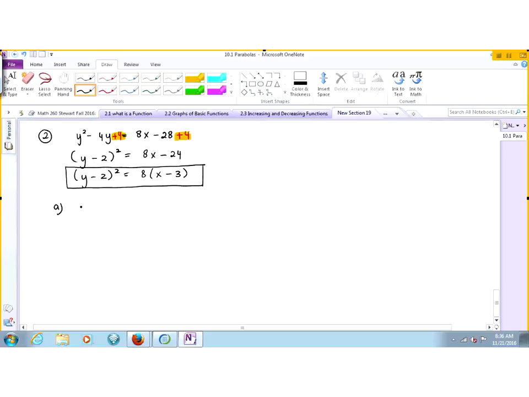Now, first of all, we try to recognize what type of parabola. Horizontal? Why is it horizontal? You have y squared, yes. Specifically, does it open up, down, left, right? Well, horizontal, it cannot open up. So, opens right.